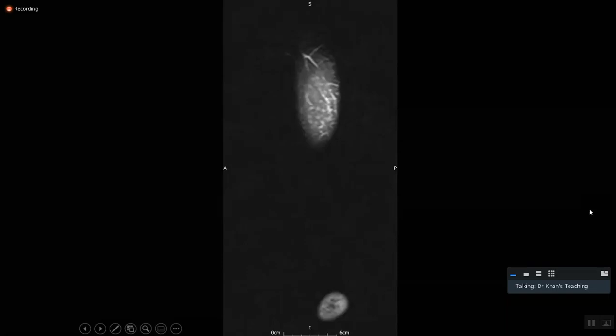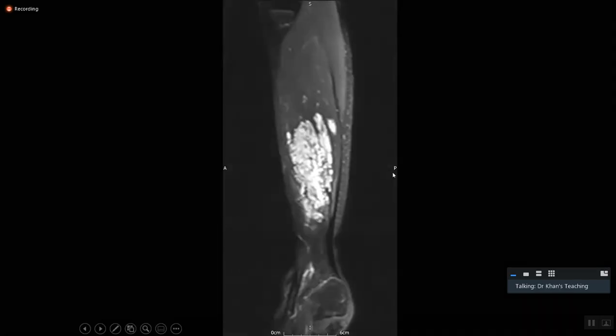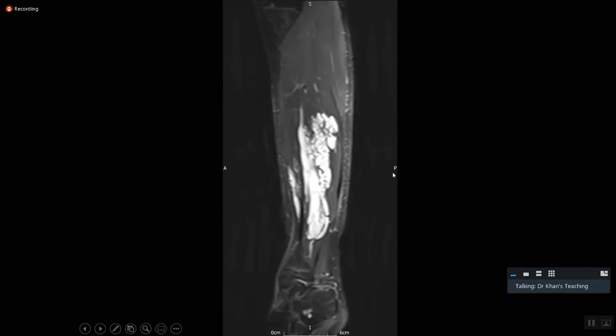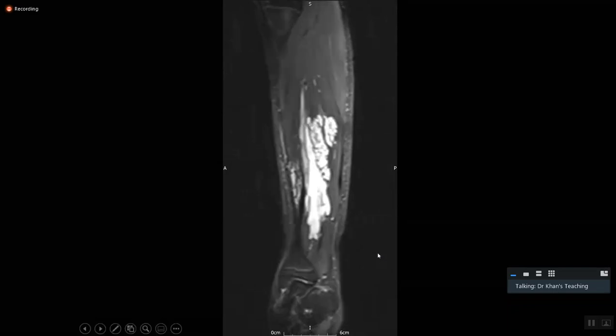Now, one take-home point for sequences in MR for the exam is to use the terminology of what we call a fluid-sensitive sequence. If you don't know whether it is a T2 or a PD fat-saturated, if you are very sure it's a STIR, it's fine. Otherwise, if you use the terminology fluid-sensitive sequence, you cannot be wrong.